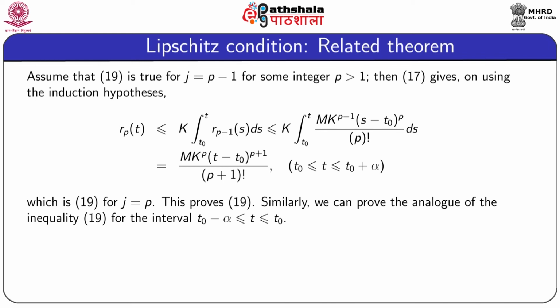Similarly, we can prove the analog of the inequality 19 for the interval t_0 minus alpha less or equal to t less or equal to t_0.